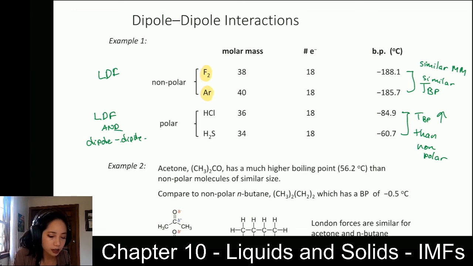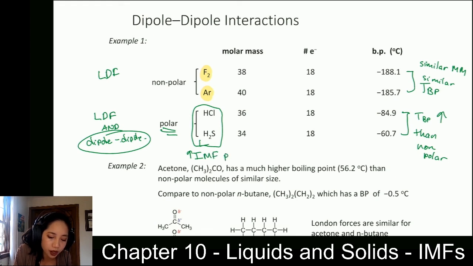And that's because dipole-dipole interactions are dominating with these polar molecules. So essentially these two examples have way more total intermolecular forces present than our nonpolar samples.